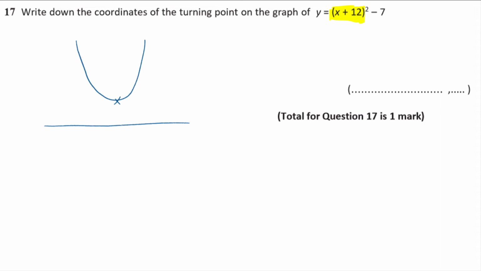So the smallest value it can be is if that bracket is 0, and that bracket is equal to 0 when x is equal to minus 12. Has to be minus 12, because minus 12 plus 12 is 0, and 0 squared is 0. If x is minus 12, then y is going to be 0 squared minus 7, which is negative 7. So the coordinates of this point are minus 12, comma, minus 7.